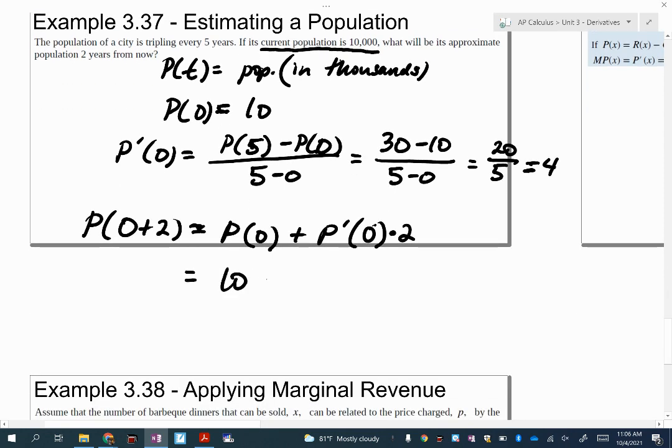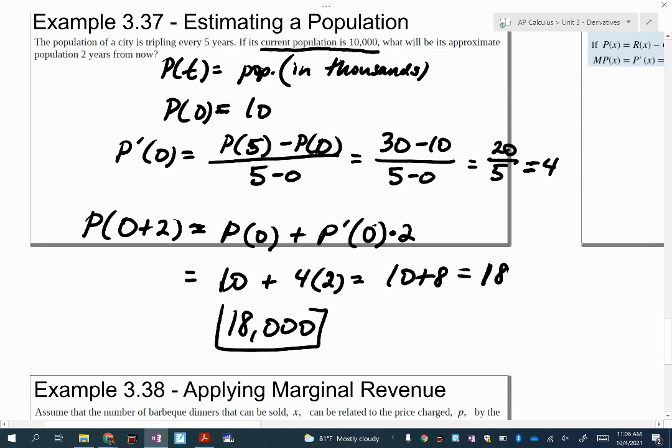So that's going to be 10 plus, we have our P prime of 0 is 4 times 2, which is 10 plus 8. So our guess for the population 2 years from now is going to be 18,000.